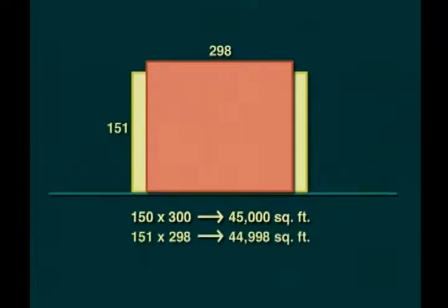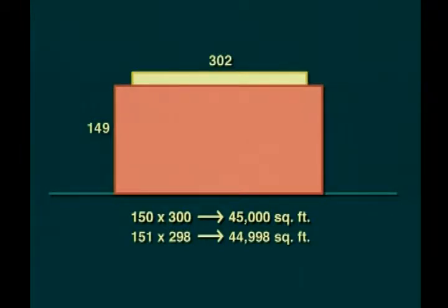And when we multiply those two numbers, we get 44,998 square feet, which is slightly smaller than the area enclosed by our maximum 150 by 300. And likewise, if we make the other adjustment, making it slightly wider, that product is once again slightly smaller than the 45,000. And that's, of course, what we expect at the maximum. You adjust either way, and you get worse.